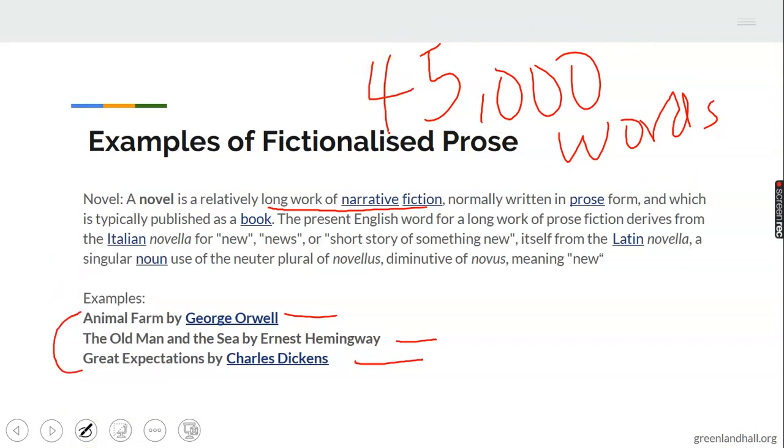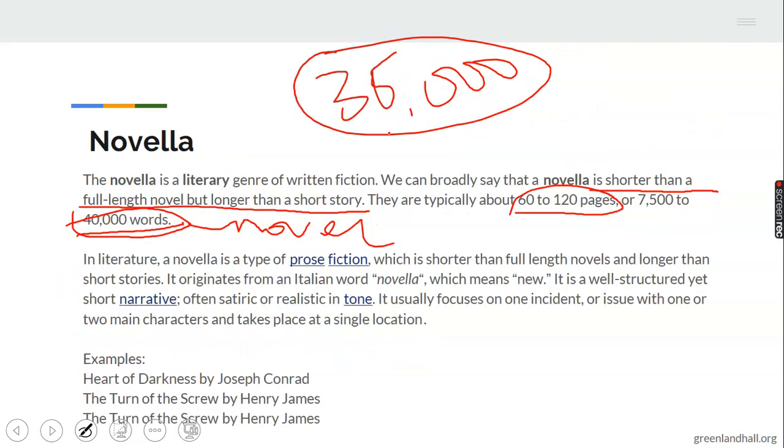Then a novella is between 7,500 and 40,000 words. That's what is classified as a novella. A novella is not a short story and not a novel. It's between the two. Not so much to be a novel and more than a short story.